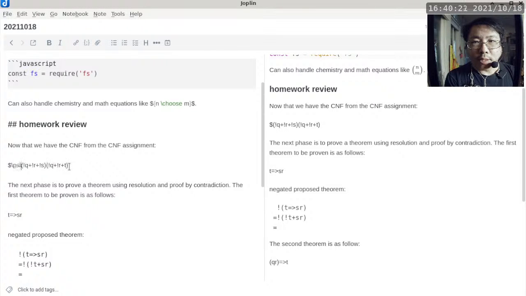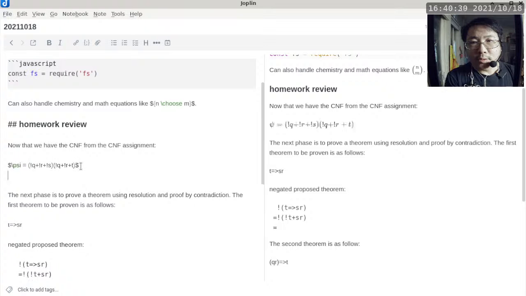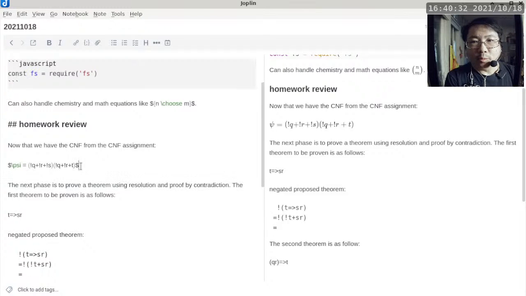Psi is the one representing all the things that are known to be true. That's how I use psi in class. The Greek symbol won't show up unless I turn it on. So this is basically psi, and what we see here is basically our phi.